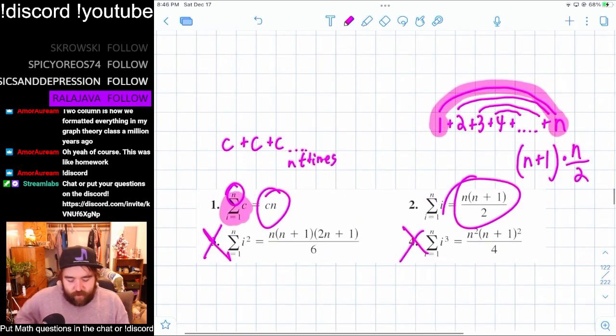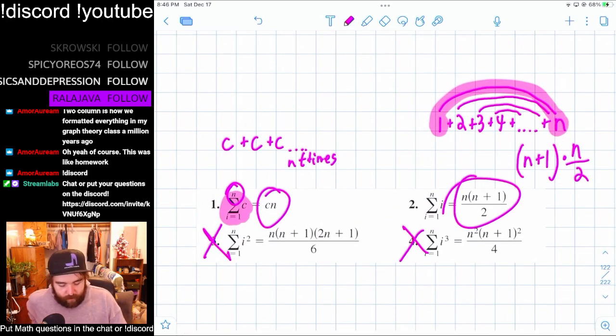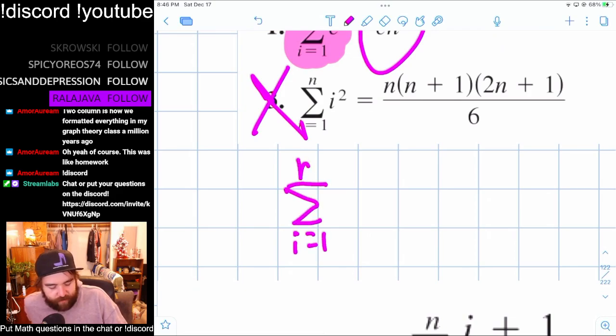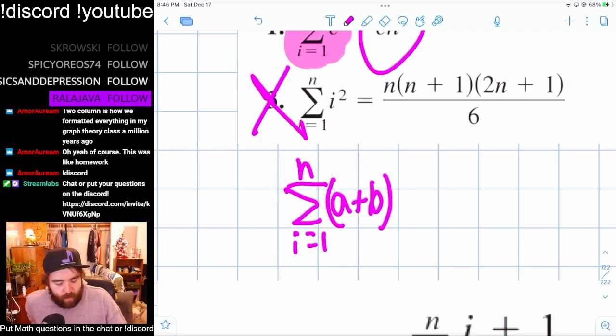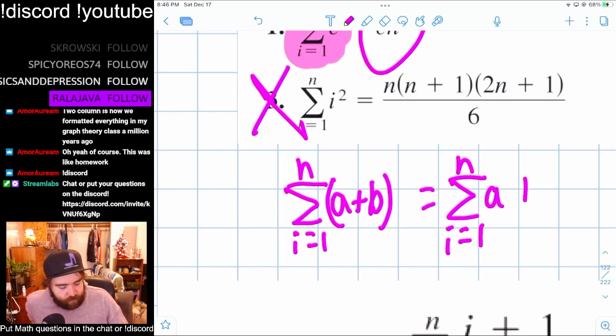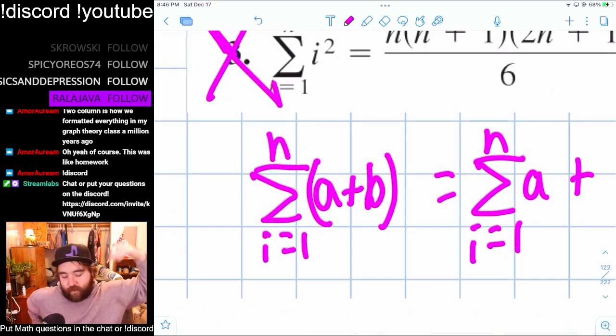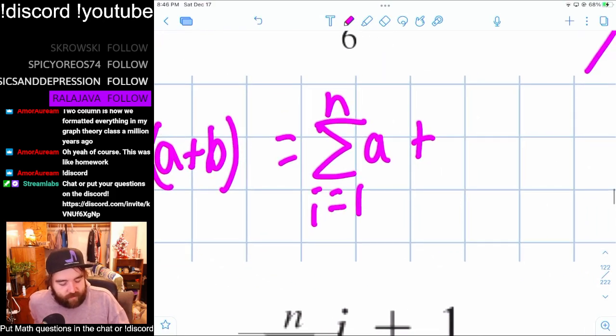And I suppose they don't show it up here as a formula, but this is a formula we could know, that if we have this sum of a plus b, you can separate that into two different sums. Why can you do that? Well, because this is just sums in the first place. So over here, you're just going to have a plus b plus a plus b plus a plus b plus a plus b. So why not just reorganize that to a plus a plus a plus b plus b plus b?